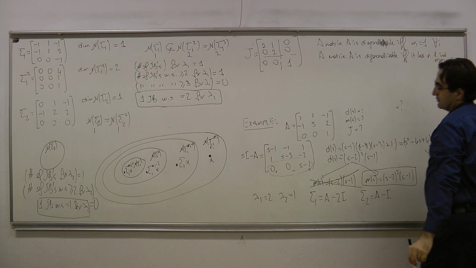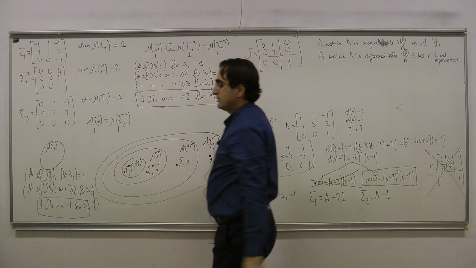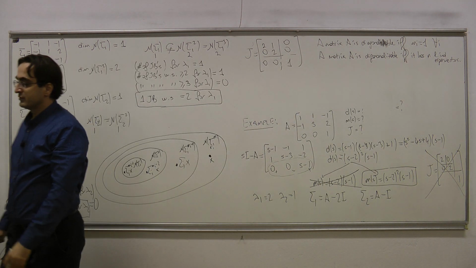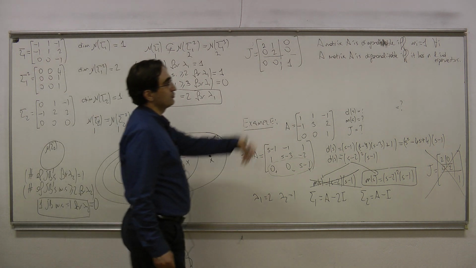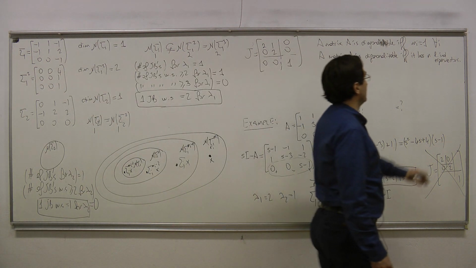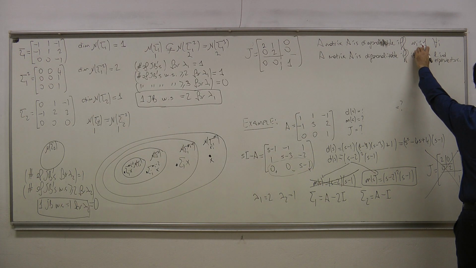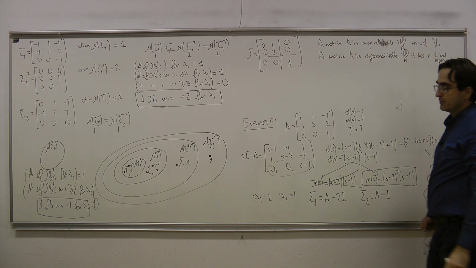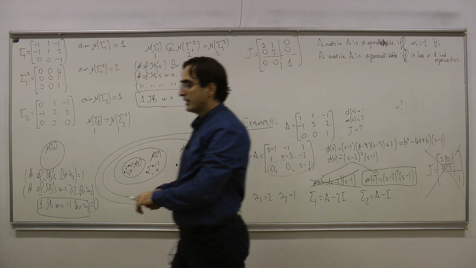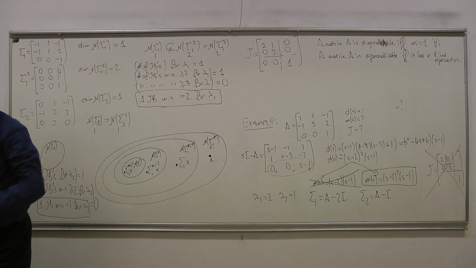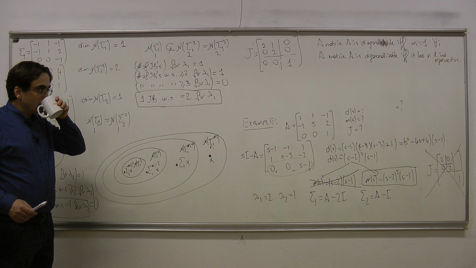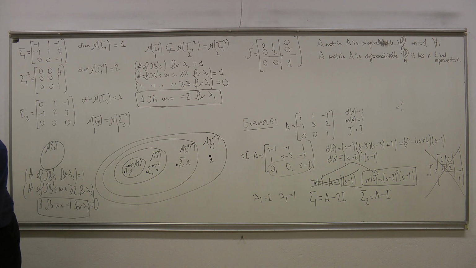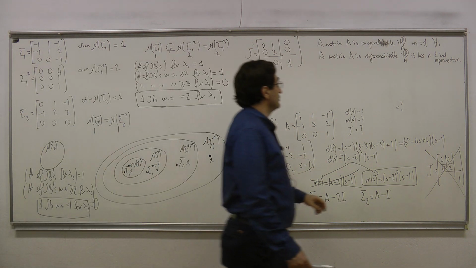So for diagonalizability, these are two equivalent conditions. We are going to see that actually these two conditions are equivalent. If all the minimal polynomial powers are 1, then we are going to have n linearly independent eigenvectors, and if there are n linearly independent eigenvectors, we will have all the minimal polynomial powers equal to 1. So these are some equivalent conditions.